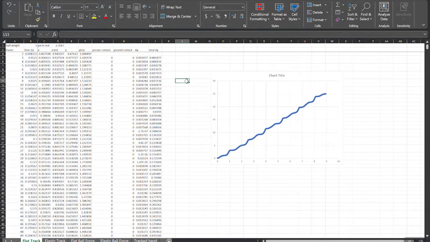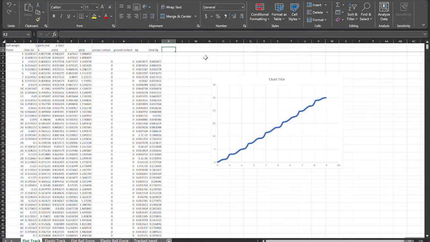We also want to get the velocity of the ball. Say velocity. Okay, so this equals the y position, basically the same finite difference theorem, right?